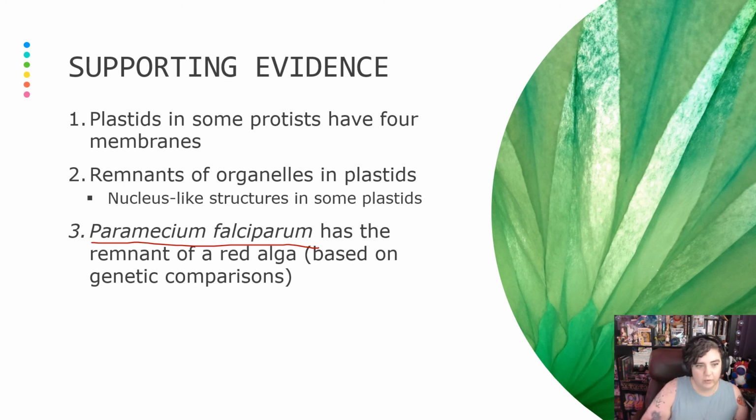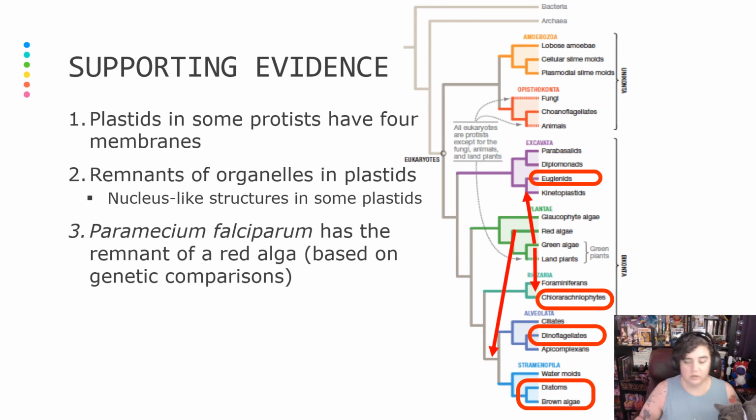And really quick, I want to show you a phylogenetic tree. Okay, so here's a phylogenetic tree. It's right to my side, right? And you can see that primary endosymbiosis happened in Plantae, right? So primary endosymbiosis happened right here, okay?